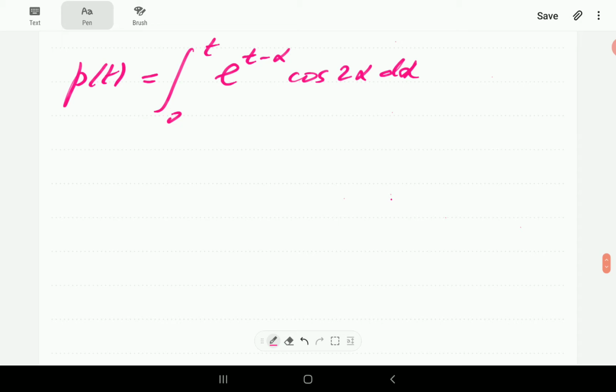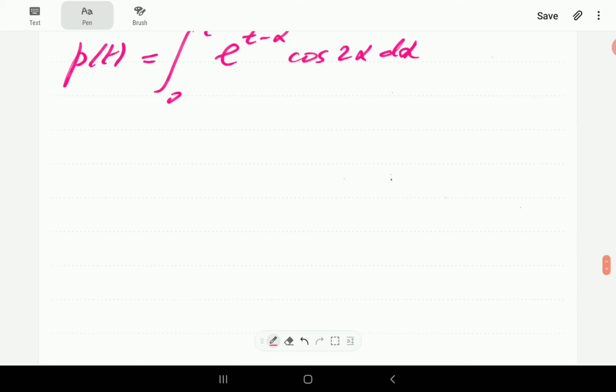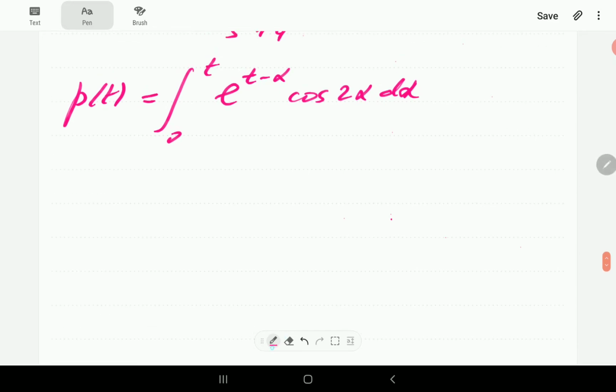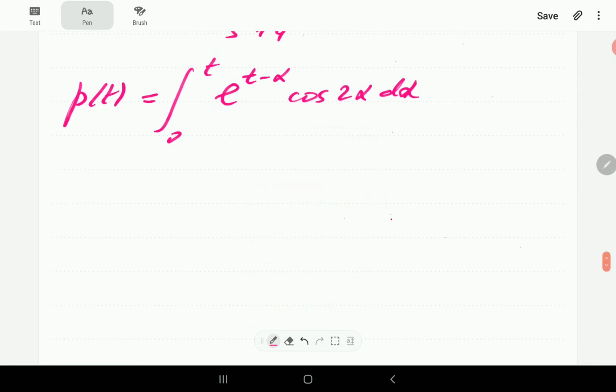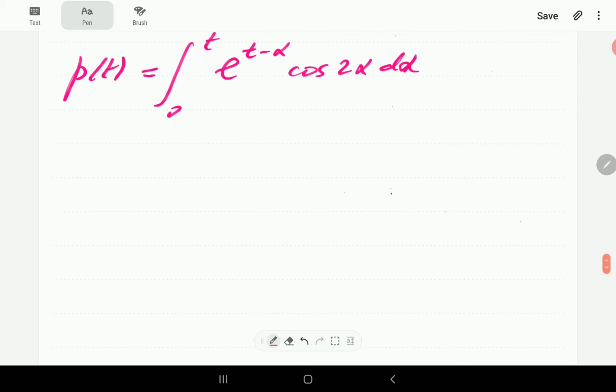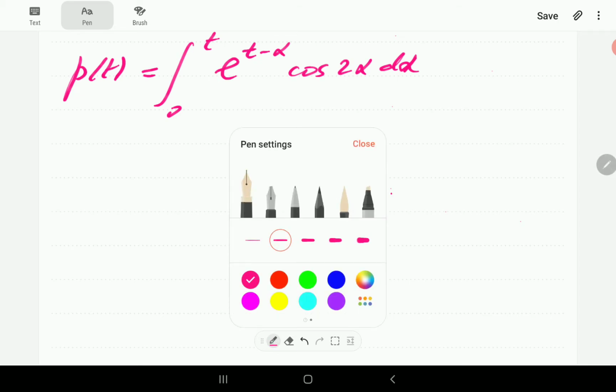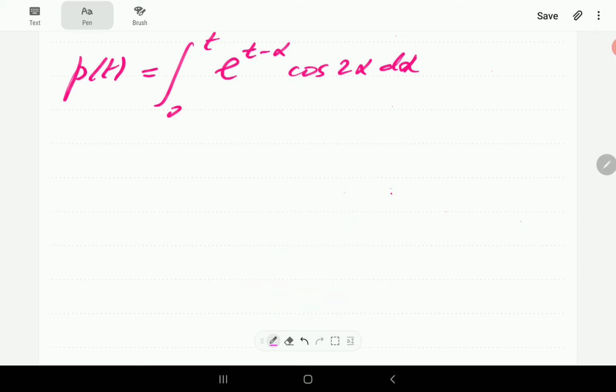I'm going to use tabular integration again. We could factor out the e to the power t, but it doesn't make anything any more complicated, so we're just going to work with it.